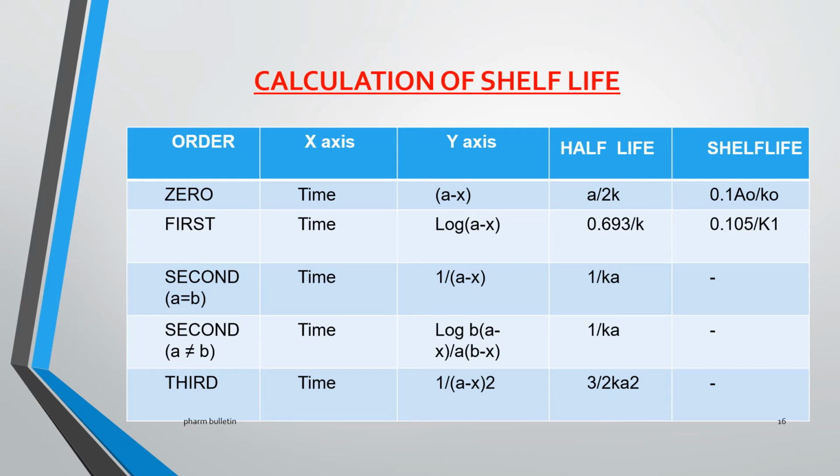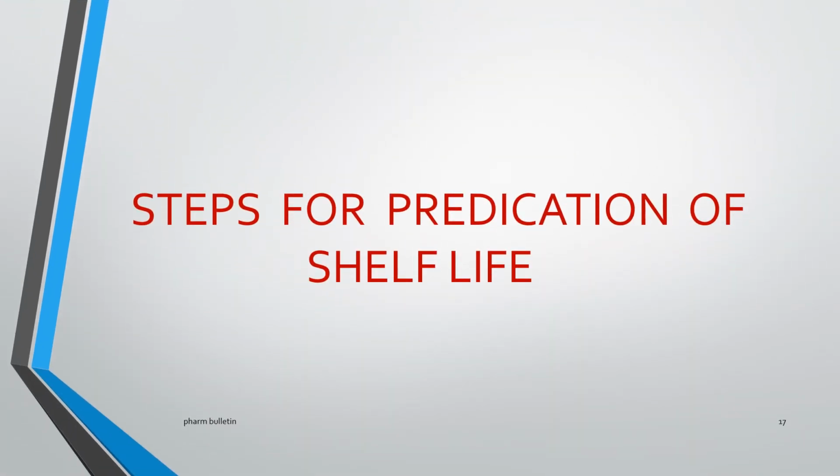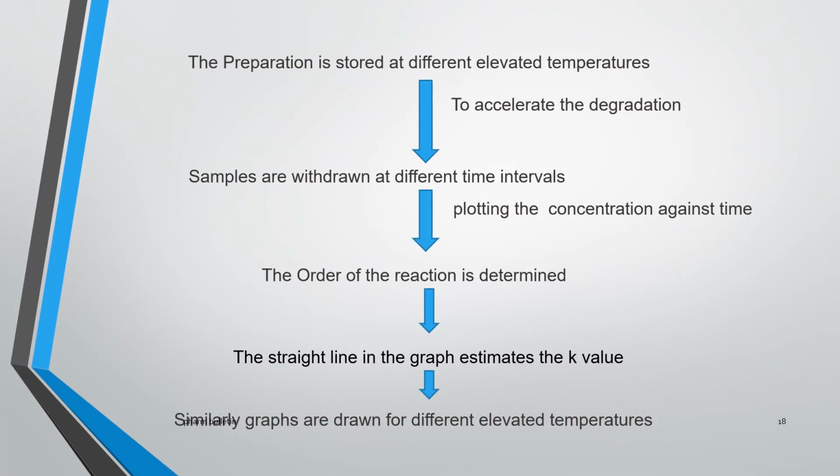This is the tabular column where I have explained how to calculate the shelf life in zero order, first order, second order and third order. So here the preparation is stored at different elevated temperatures to accelerate the degradation, and the samples are withdrawn at different time intervals.